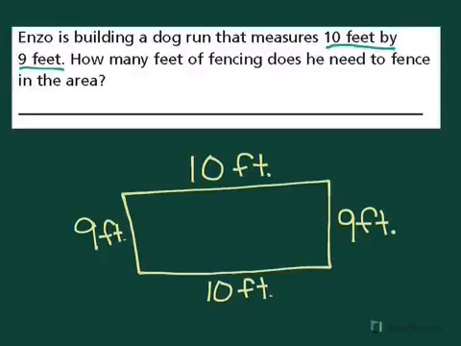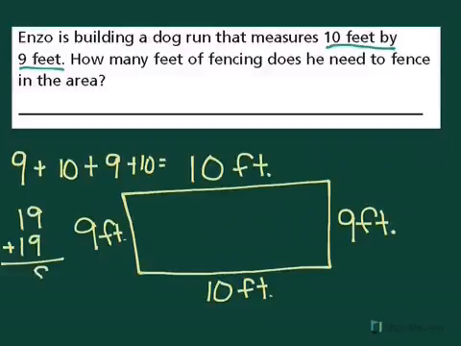So to find the perimeter, I'm going to add 9 plus 10 plus 9 plus 10, which gives me, let's see, 19 plus 19, 38. So my answer would be 38 feet of fencing.